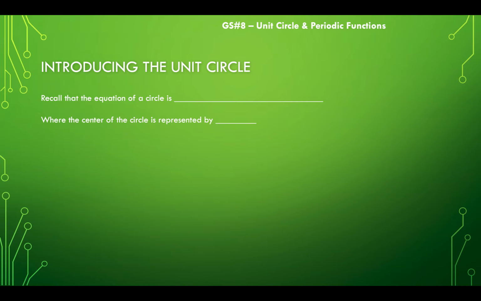In order to do that, we need to backtrack a second and remember that the equation of a circle is (x minus h) squared plus (y minus k) squared equals the radius squared. The center of the circle is represented by the coordinate (h, k) when we are using this formula, and r represents our radius.